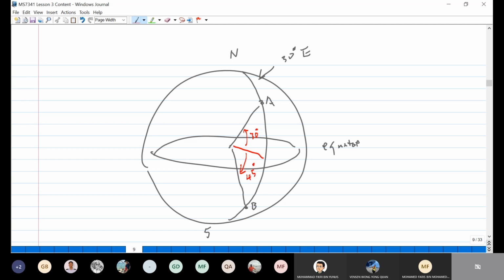Now from here you can find out where AB is. So AB in this case is 30 plus 45, equal to 75°. So instead of measuring the distance using nautical miles, meters, or kilometers, you can use degrees, minutes, and seconds to measure the distance between two points. That's why the side of the triangle can be measured in this way.